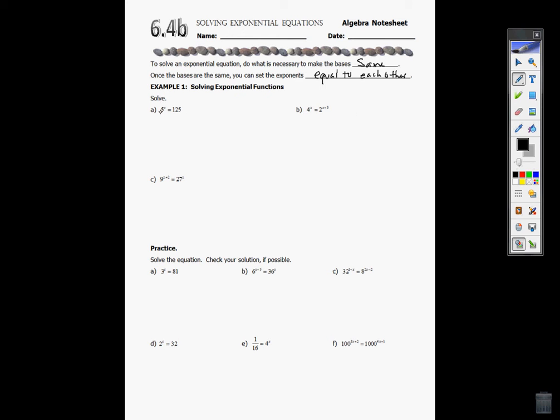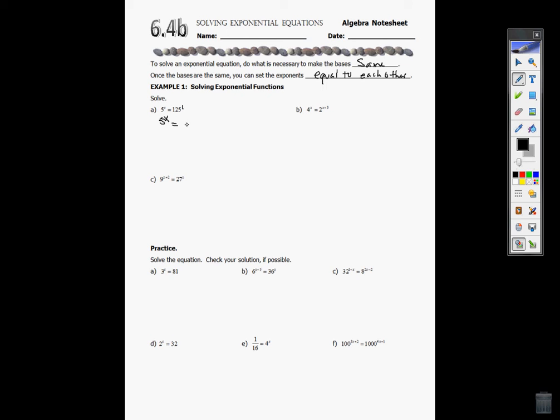In A, I have 5 raised to the x equals 125. Now, technically, what this says to me is 5 to the x equals 125 to the first. Now, if the first step is to make the bases the same, how can I rewrite 125 so that it has the same base as the left side of the equation, which in this case is a 5?